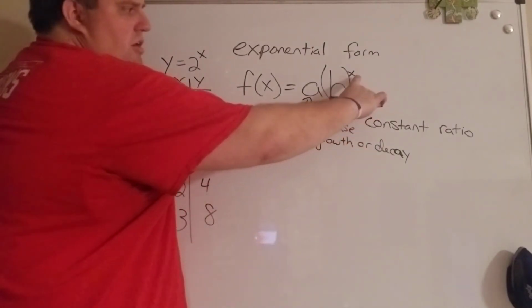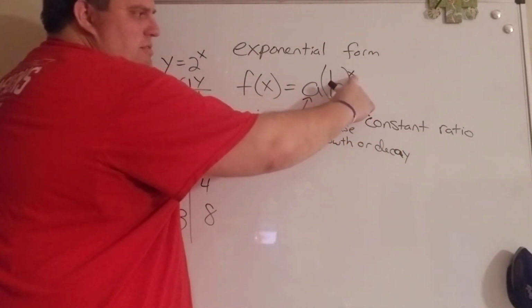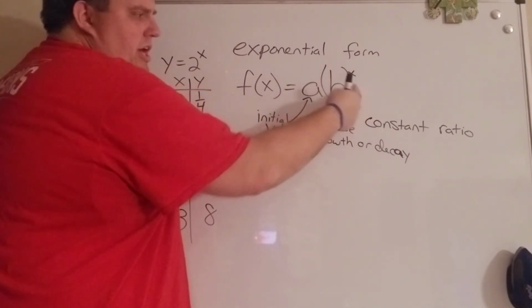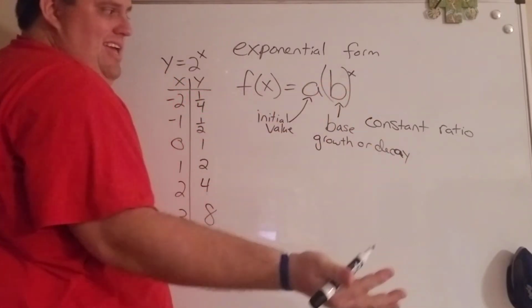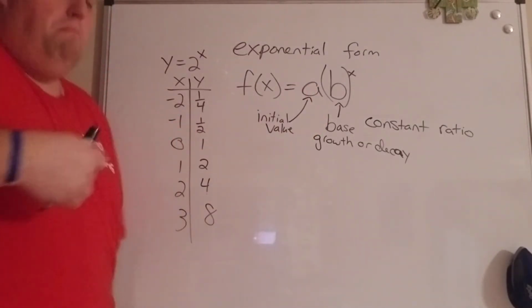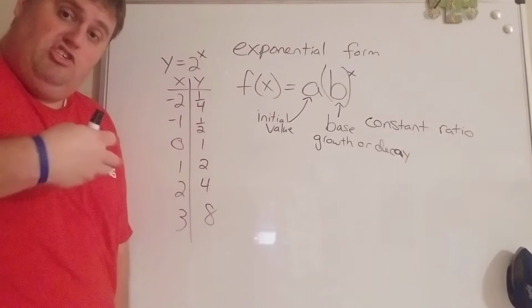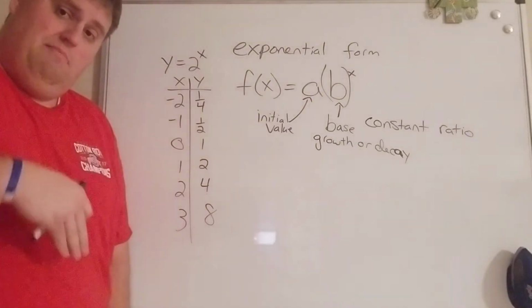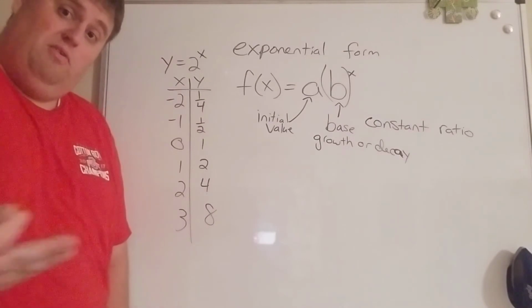Because, take a look with me here, when x is 0, look at what that's going to do. B to the 0 is 1. 1 times a is just a. So this number, if there's a number out in front that we're multiplying this constant ratio by, that's going to tell me my starting point, my y-intercept, my initial value.